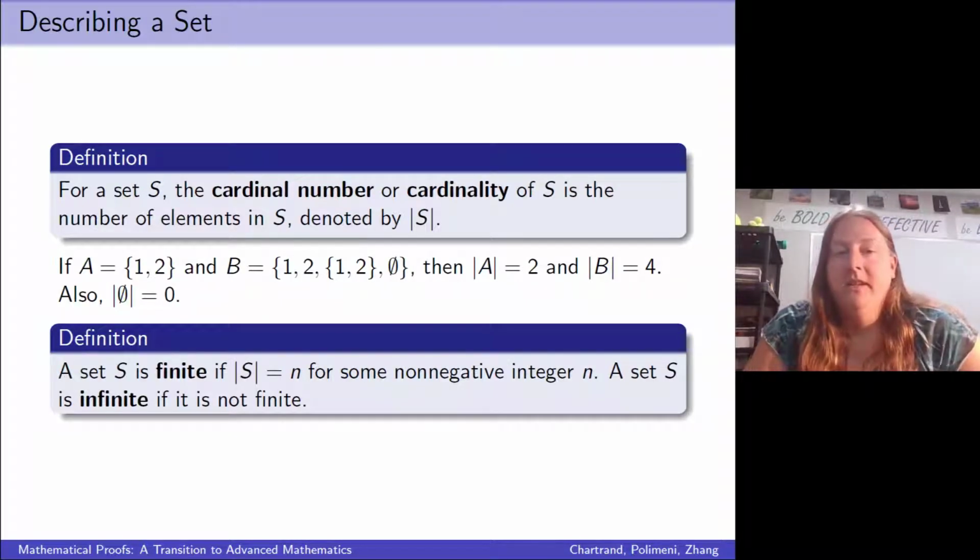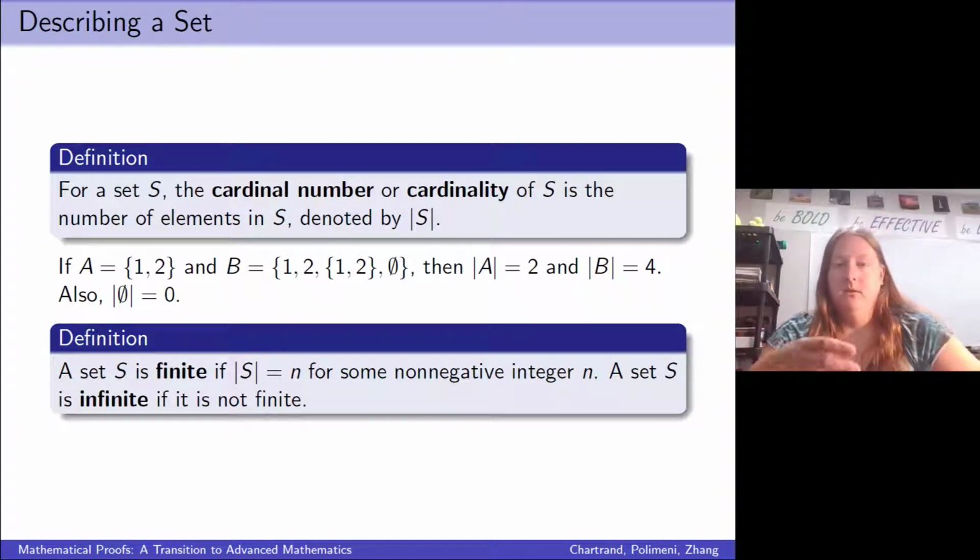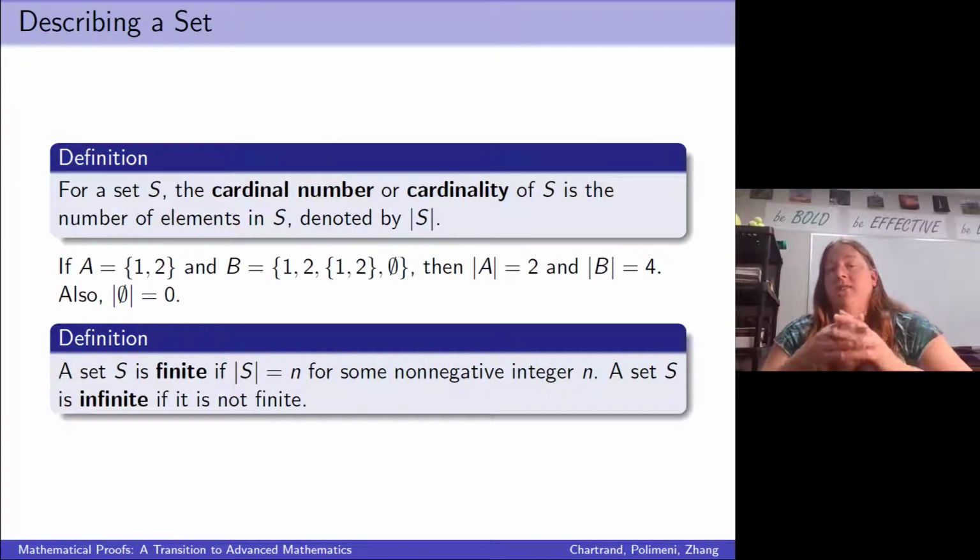So the final thing when we're describing a set, we talk about how big the set is. All right. So a set is defined by how big it is. All right. So if a set has 2 elements in it, then we say its cardinality, and we use those absolute value bars to say that that's what we want. It has 2.